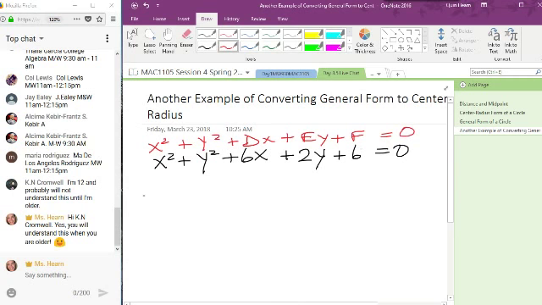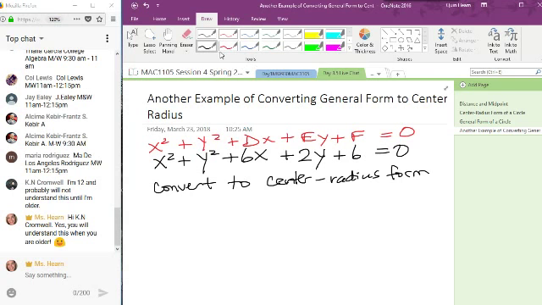So you know it's going to be a circle, and now we're going to convert to center radius form. And the reason we often want to do that is so we can graph it. All right, so what's the first step?